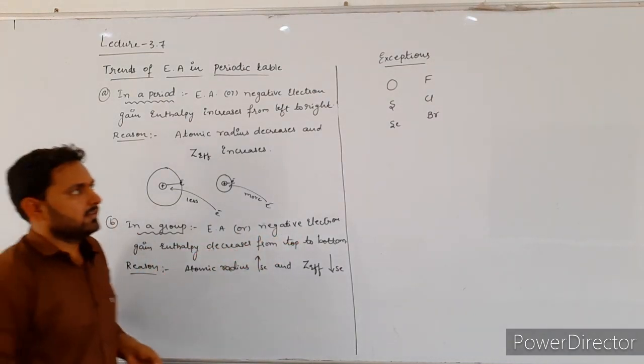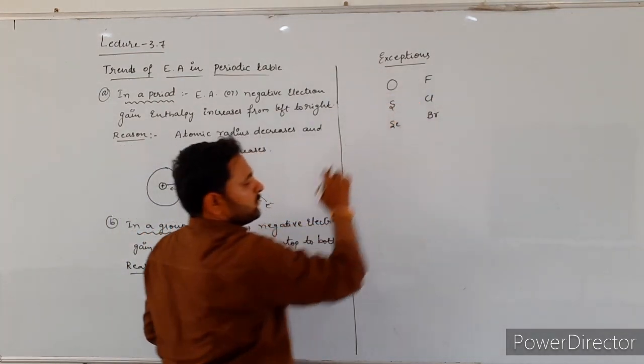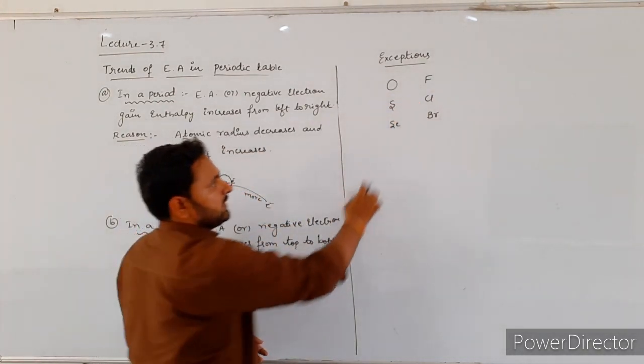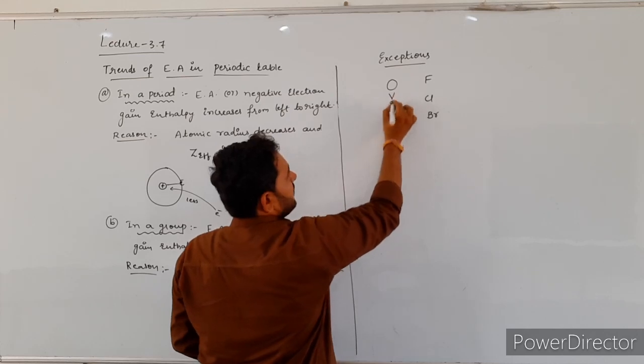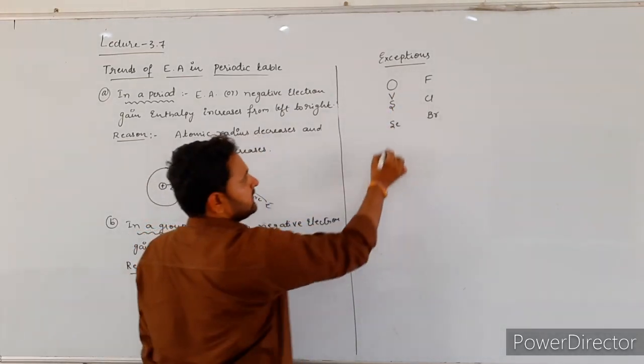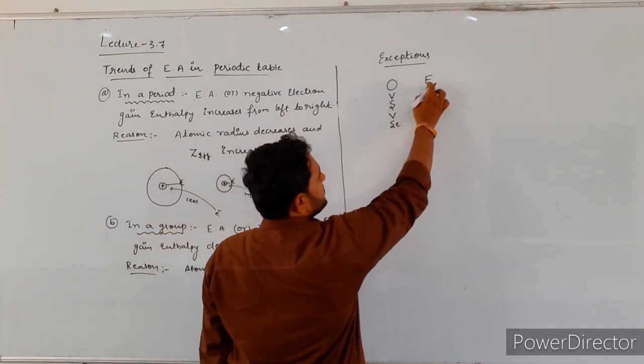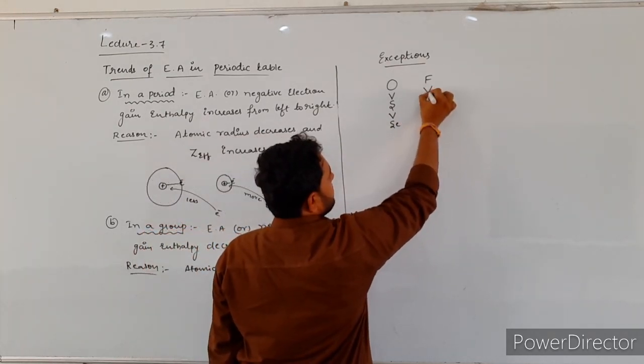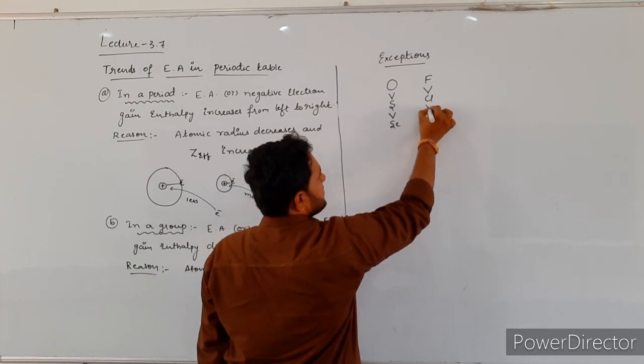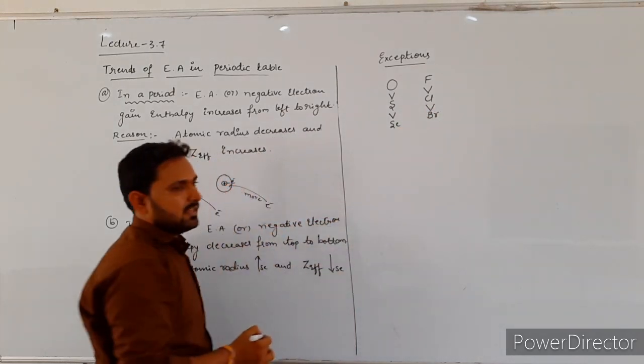According to this trend, oxygen has more negative electron gain enthalpy than sulfur. Sulfur has more than selenium. Next, fluorine has more than chlorine. Chlorine has more than bromine.